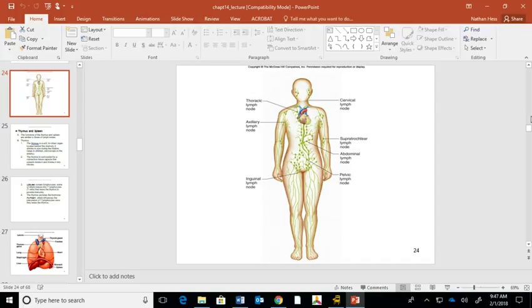To review, the lymph system is carrying what? Lymph, right? Lymph is that interstitial fluid, that fluid between cells. And it's carrying that fluid where? Throughout the body, sure. Where's the destination? To the heart eventually, to the veins, right?